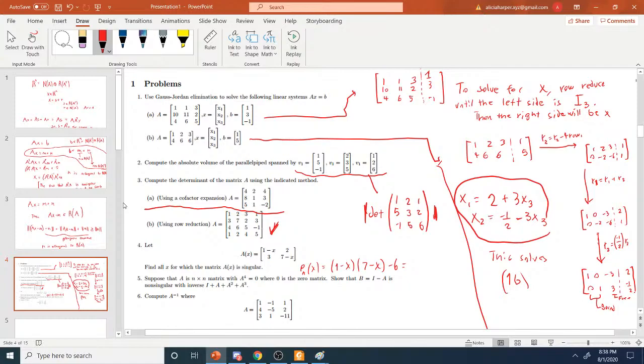And so this is the same thing as x squared minus 8x plus 1. And so the solutions are the roots of x squared minus 8x plus 1. So that's how you solve problem 4.